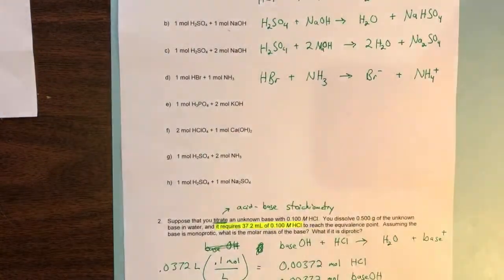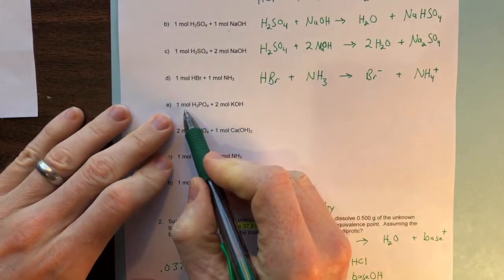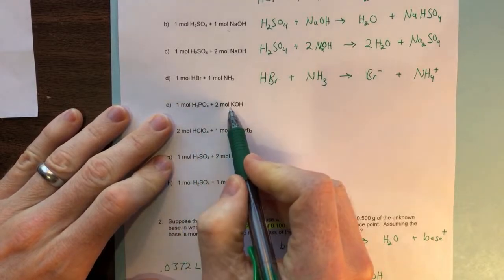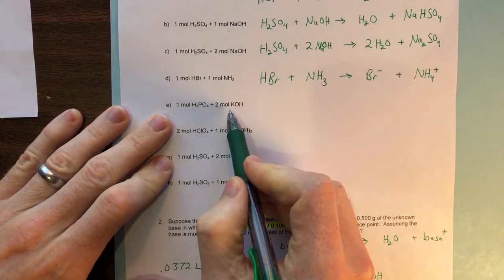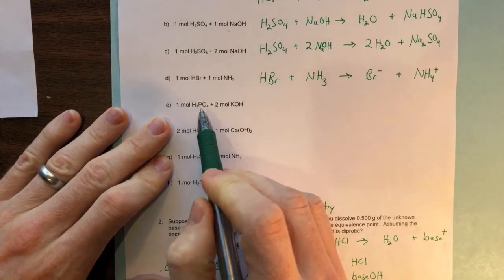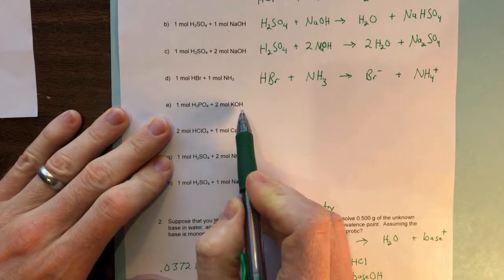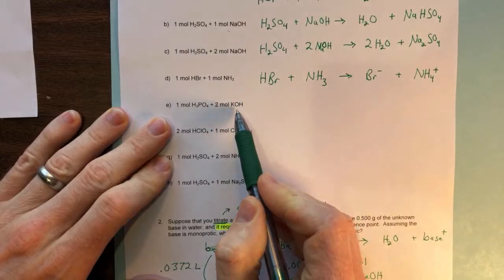All right, so next up, we've got one of H3PO4 and two of the KOH. Those numbers are going to be important for how many we've got, especially because this is a triprotic acid, H3PO4, and we have just a normal monoprotic base, if you will.